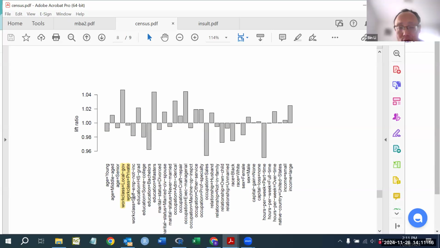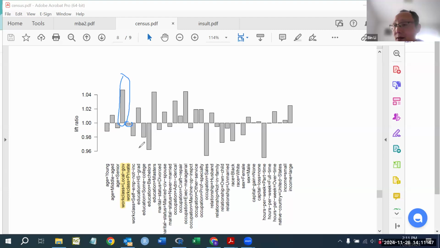Okay, and look at these here. I highlighted these two. Why did I highlight? This one is the work class local government. It has a quite large ratio. That means there is a quite large difference, relatively speaking, about over 4% difference. But this one has a very low difference. That's the work class private. I want to show you why these two have a big difference.